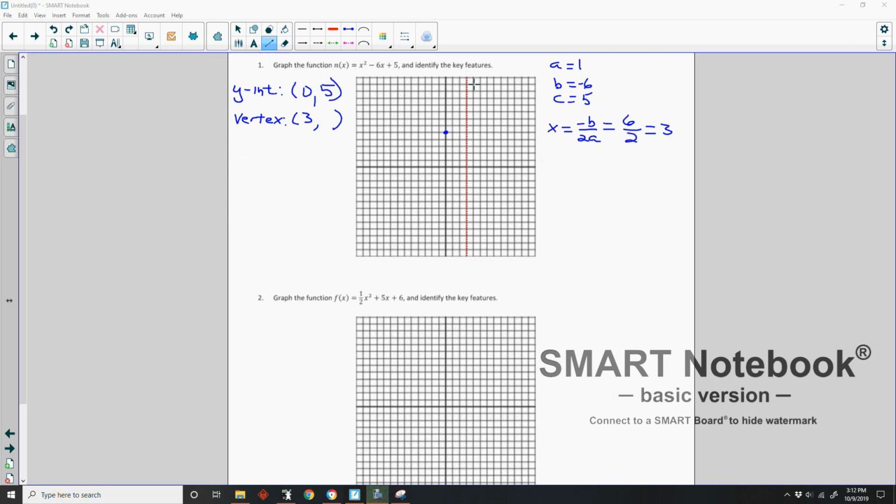Okay, that's better. So there's my axis of symmetry, x equals 3. So I know it's a reflection. So with that fact, I know that I'm 1, 2, 3 units from my axis of symmetry for my y-intercept. So if I go over 1, 2, 3 more this way, there's another point on my parabola.